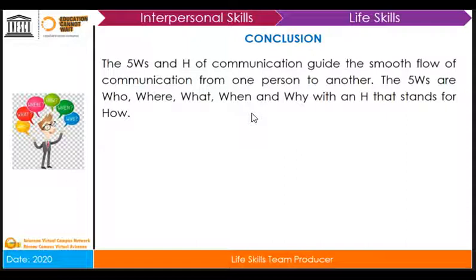To conclude, in this lesson, you have learned about the 5 W's and H of communication. As such, the 5 W's and H of communication guide the smooth flow of communication from one person to another.